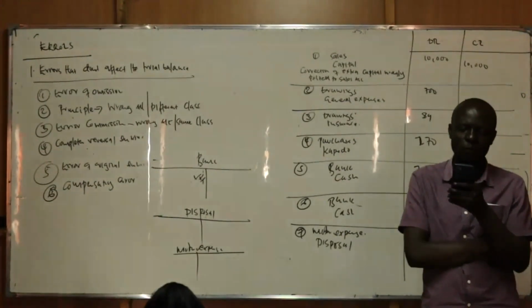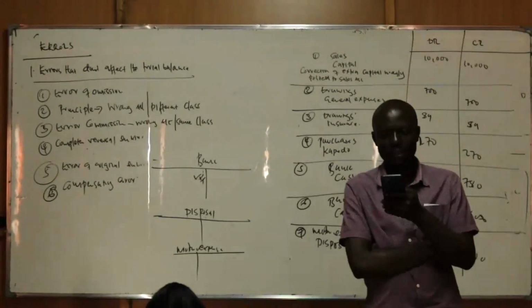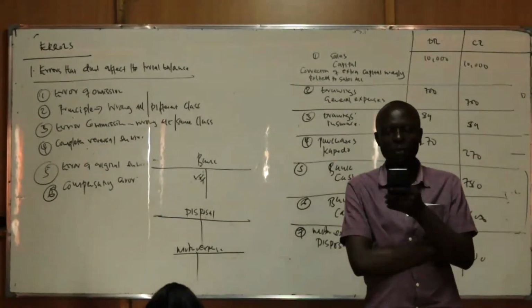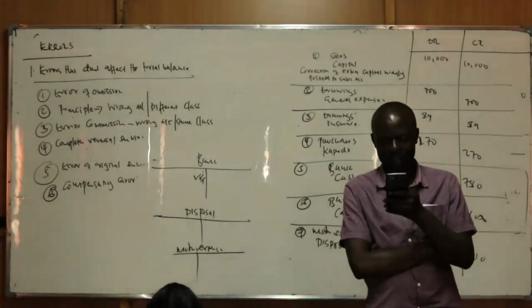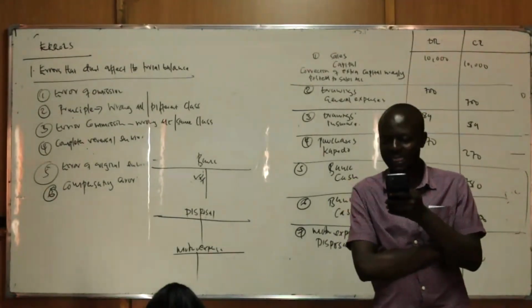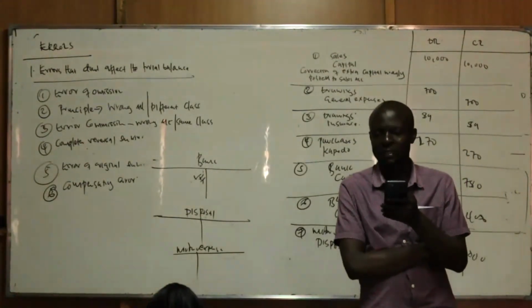A provision for doubtful debts of 2.5% is also required. Number 3, the machinery was acquired 5 years ago and is being depreciated to scrap value on a straight-line basis over 8 years. A more realistic estimate indicates that the lifespan will be 10 years.